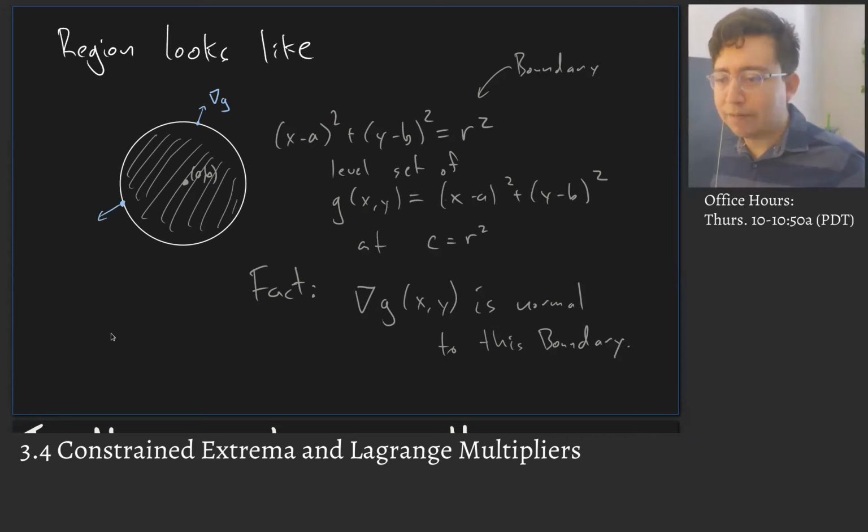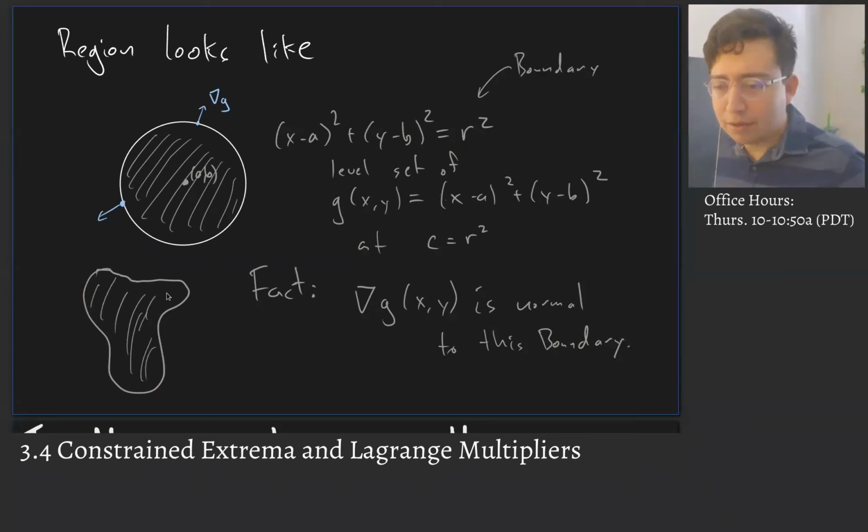The gradient is always pointing outward, away from this blob here. In this case it looks like a circle, but what if it didn't? What if you had more of a blob-looking thing? It does have to be kind of smooth. Then the equation for this might not be super obvious, and this is just an example.